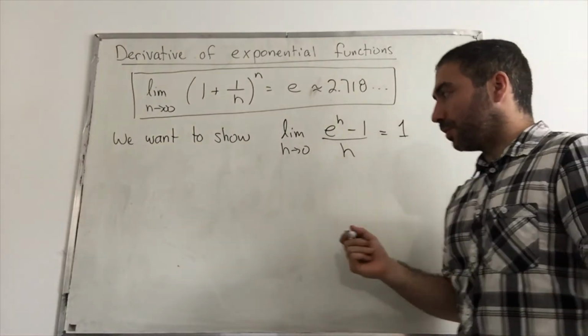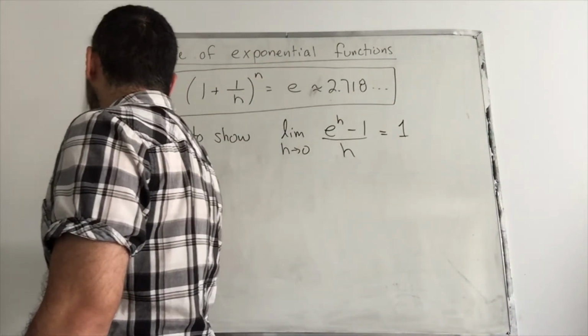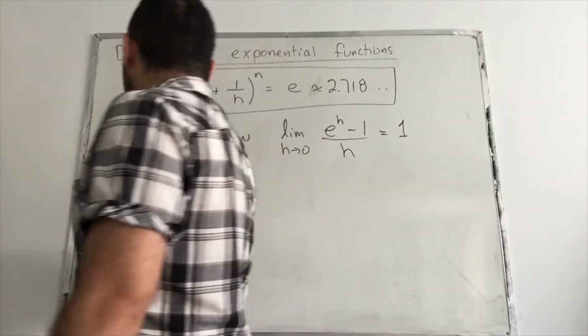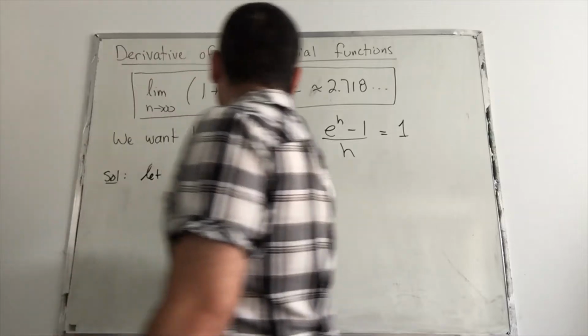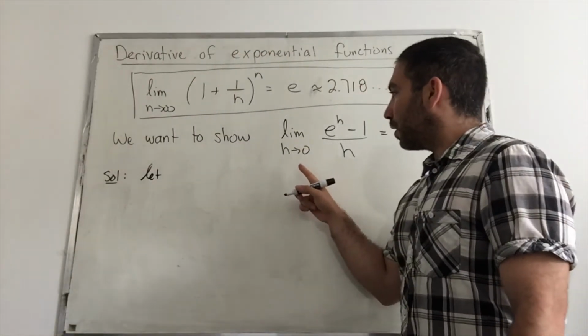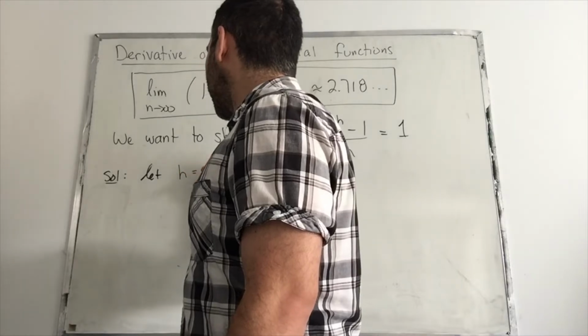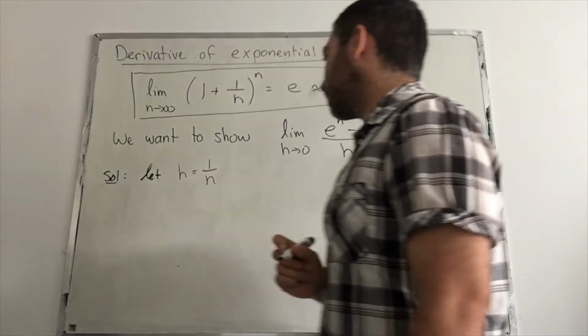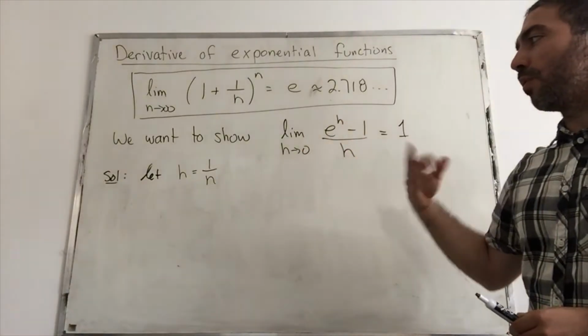The first thing we could do is apply a substitution. Let h equal 1 over n. We're going to substitute all the h's here with 1 over n.